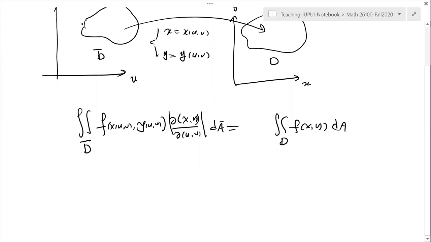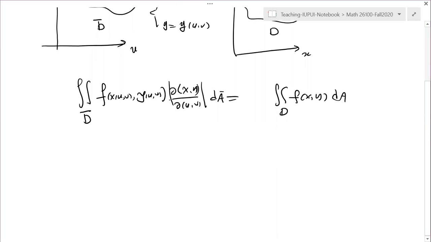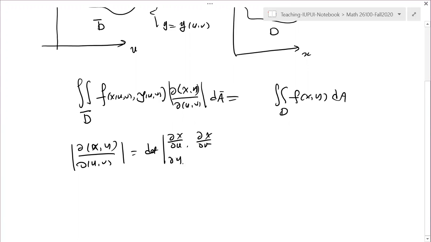Before I talk about this, let me give you the determinant first. This is a determinant of partial derivatives.